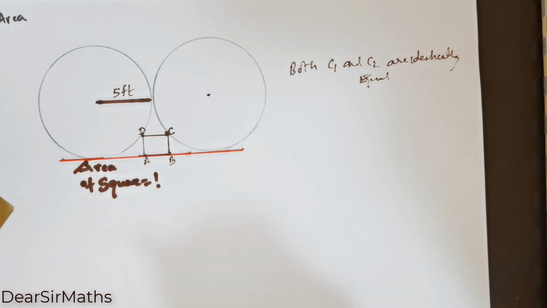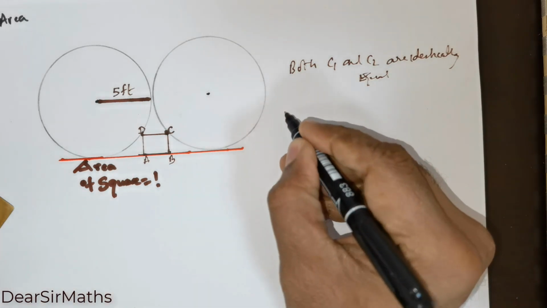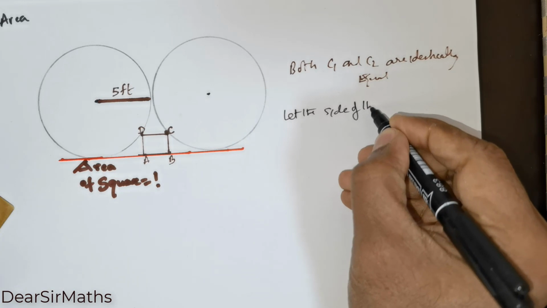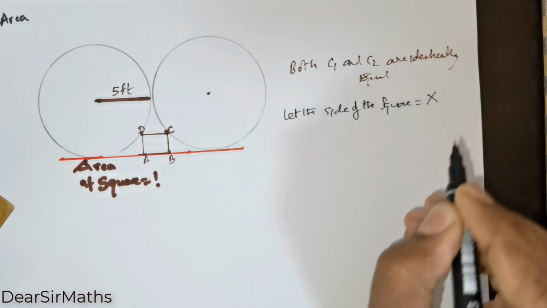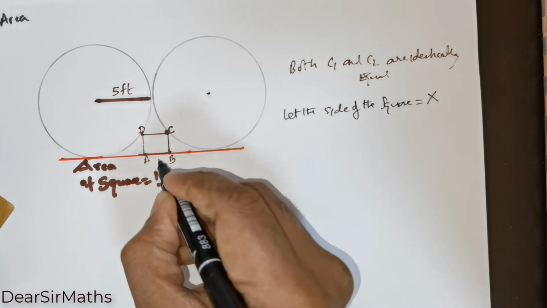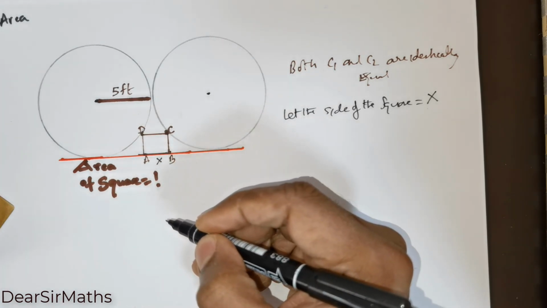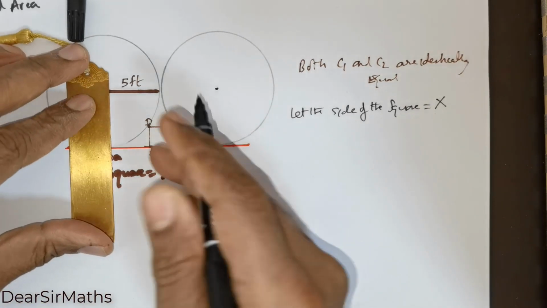So what I'm going to do is take the side of the square. Let the side of the square be equal to x units. So this is going to be x, and all of the sides are x units, right?